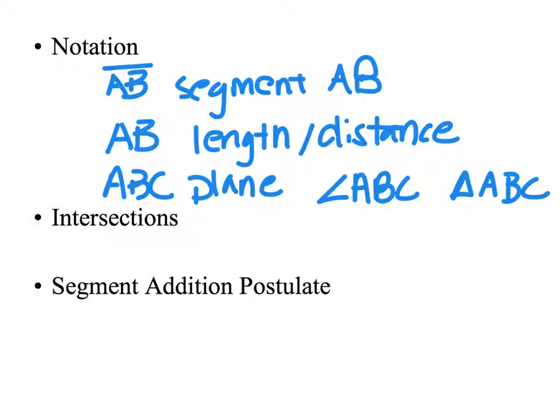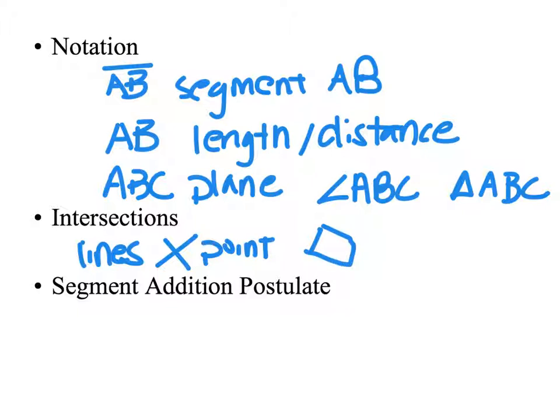Intersections. It's really important to understand how things intersect. If I have two lines that cross, they're going to cross at a point. Planes are weird. If I have two planes, and no, I'm not an artist, so you're going to pretend you know what I'm drawing here, I have these two planes that kind of cross. Where they intersect, they're going to come together and form a line.